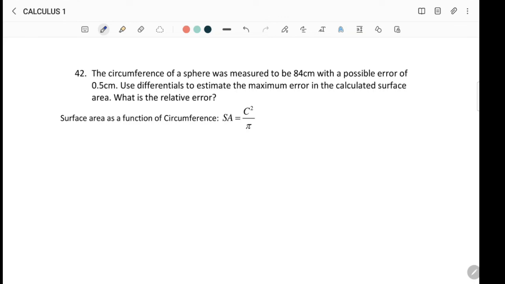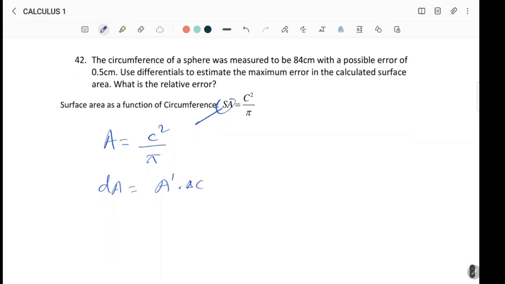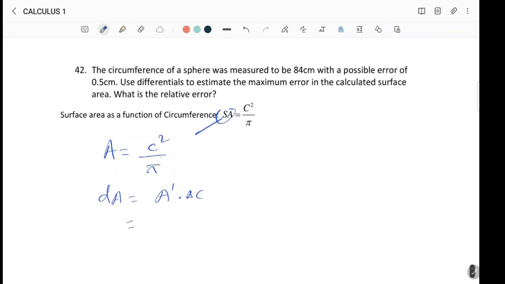And what's the relative error? Surface area. Okay, I'm considering surface area as A, guys. So A is c square over pi. dA will be A dash and delta c. So here we have 2c over pi times delta c, and c of the sphere is given to us.